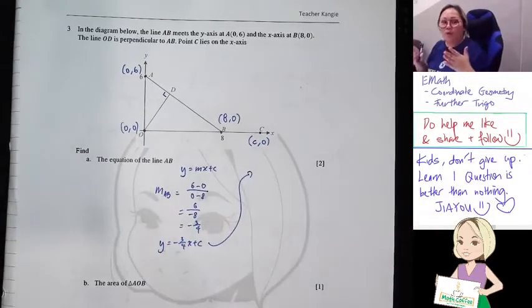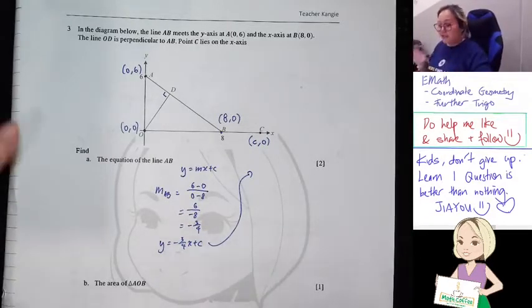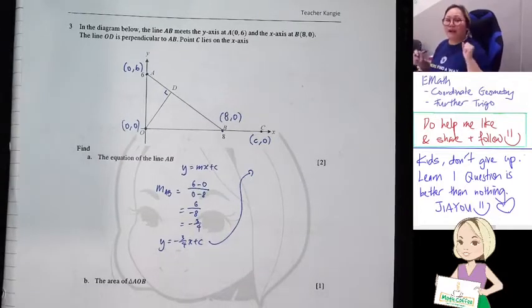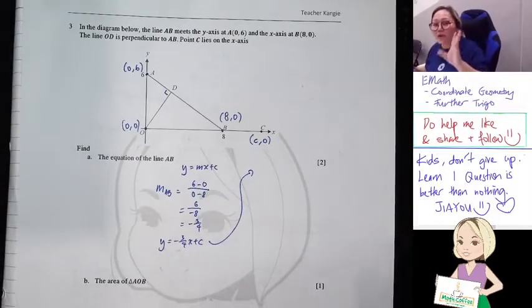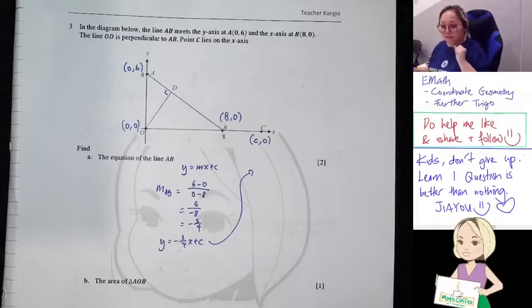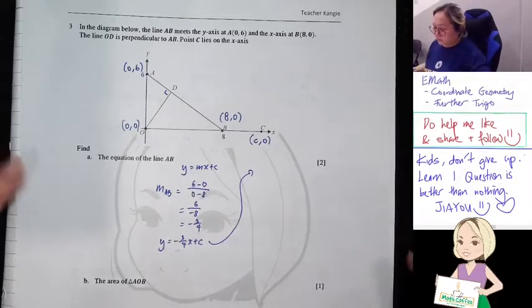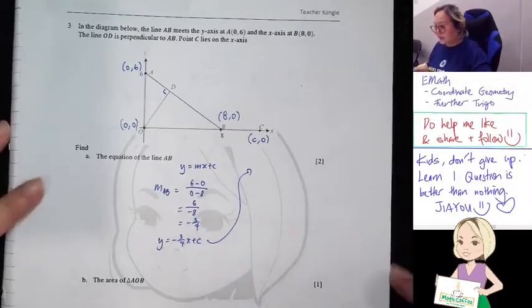And now, can someone tell me how do I find my c? In this case, actually I don't need to find my c because I already know what is my c. Can someone tell me how am I going to find my c?